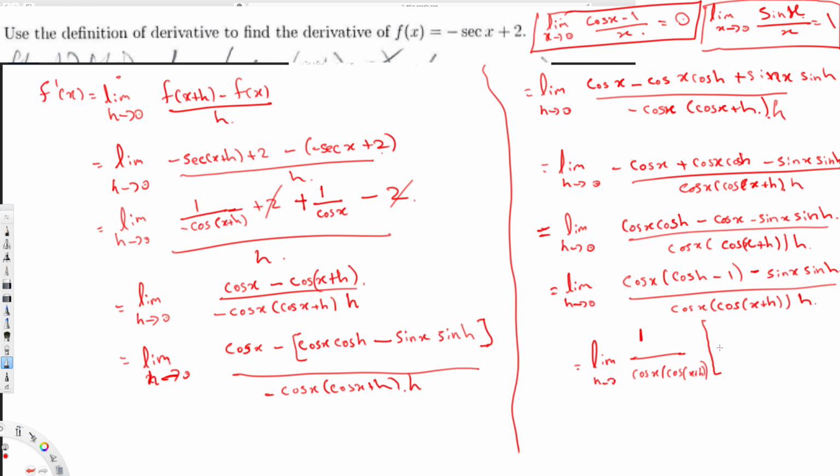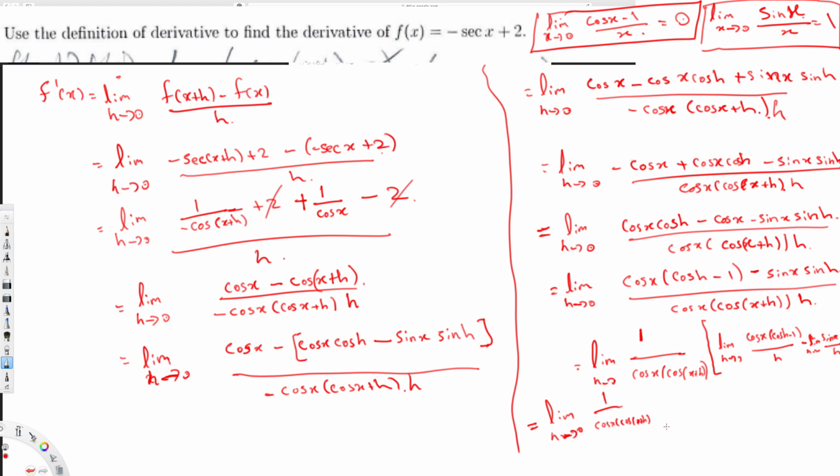So limit h approaches 0 of cos x times cos h minus 1 over h, minus limit h approaches 0 of sin x times sin h over h. I continue here. So limit h approaches 0, this is going to be 1 over cos of x plus h.